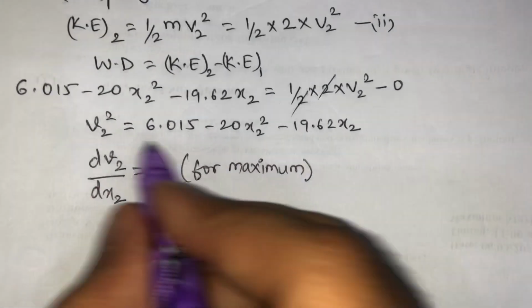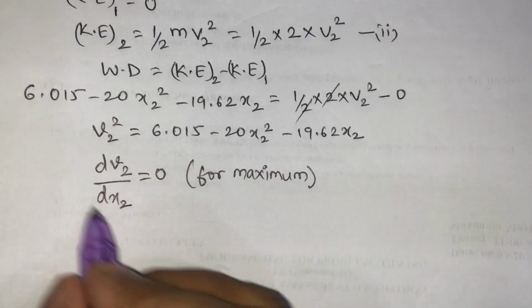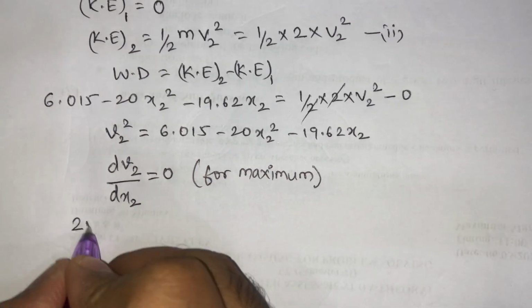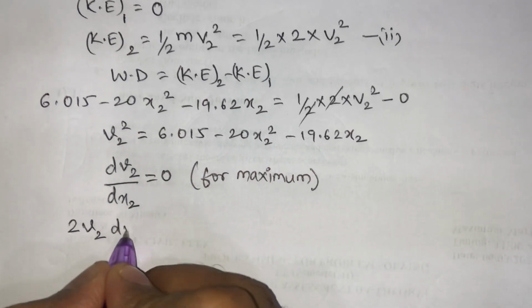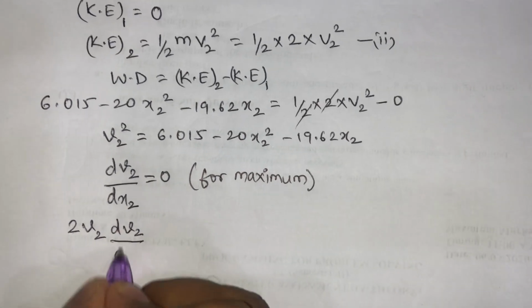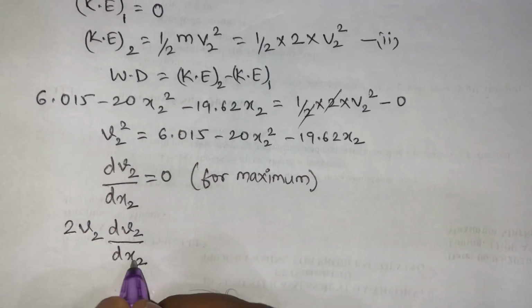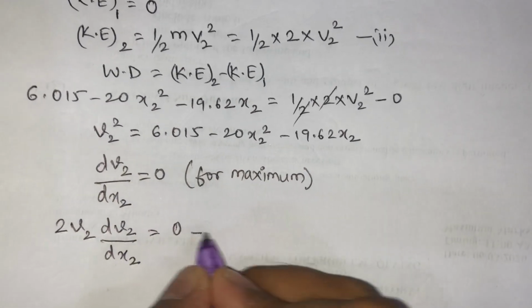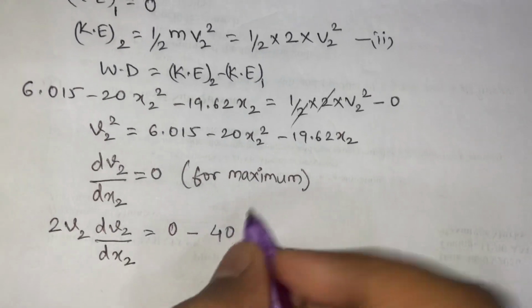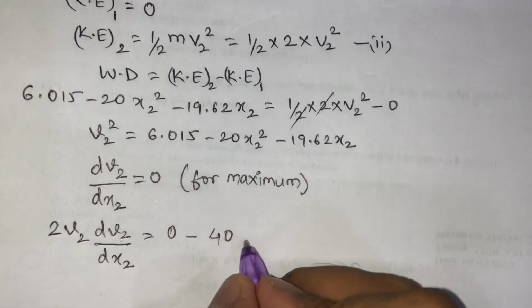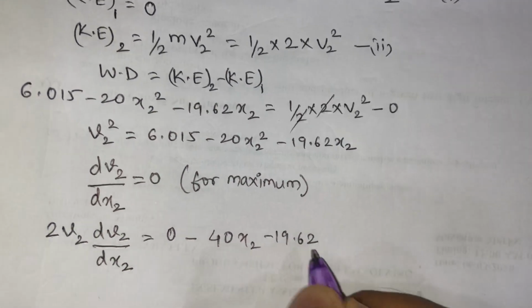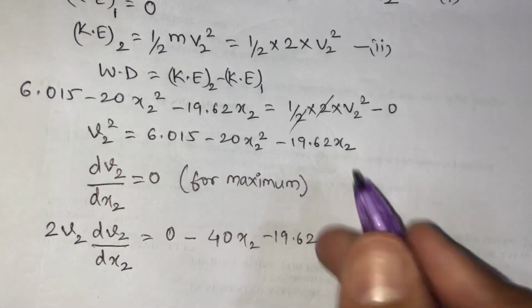If this above equation is differentiated, it gives 2 times v2 dv2 by dx2 equals the constant term 0, minus 20 into 2, that is 40 x2, minus 19.62 only.